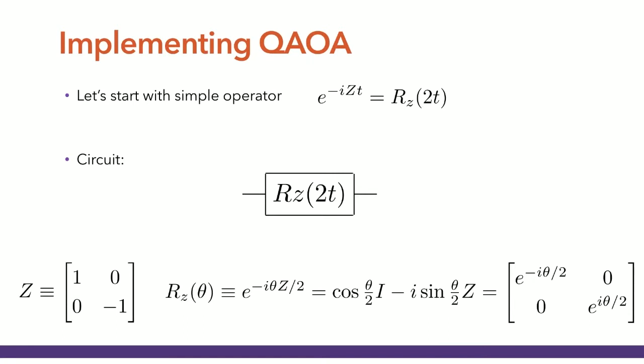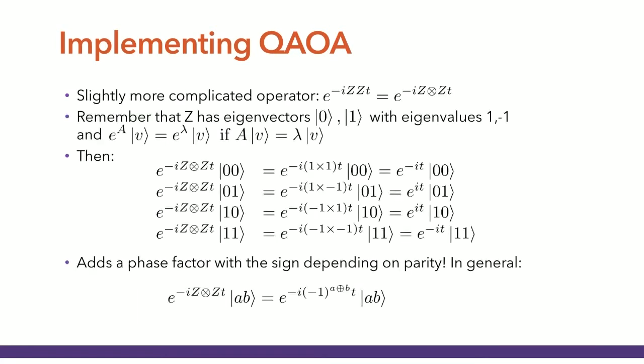Okay, so we figured out how to implement this simple exponent of minus I ZT, single qubit PauliZ. Now, what happens if we have a two-body term, so a product of two PauliZs?